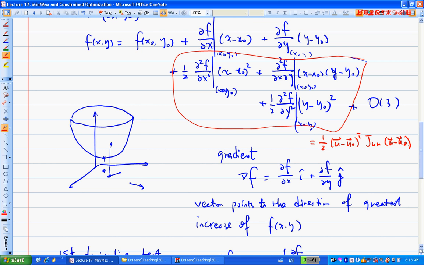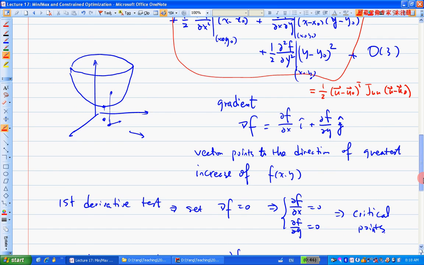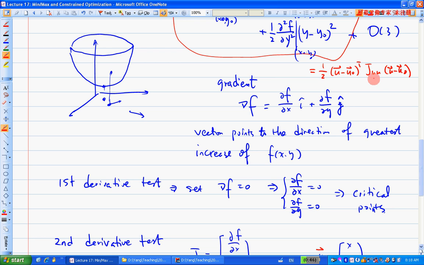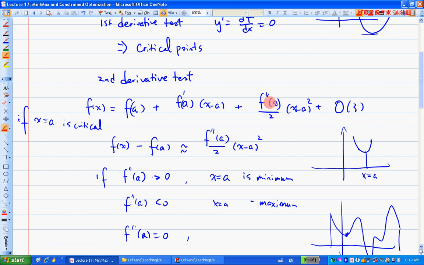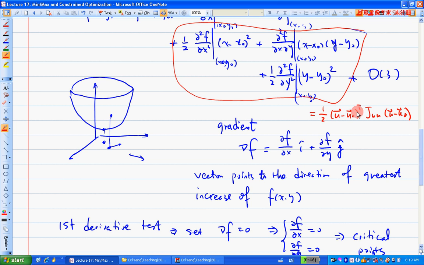If you look at this one, those are in vector format. However, in terms of form, this is actually not much different from the first derivative version, like the derivative times x minus a, squared. Because it's a vector, you don't have a square; basically it is this transpose times this.